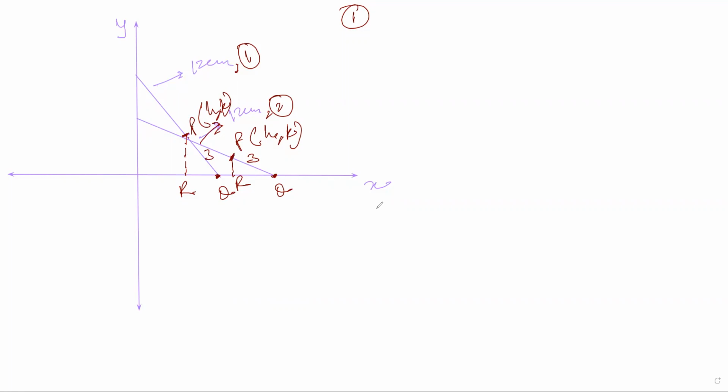In all of these scenarios, they are telling us there is a point P. Now what is the point P? The point P has distance 3 from the end point which is touching the x-axis, right? So in all these possible scenarios, P will have a different location each time. Am I correct?